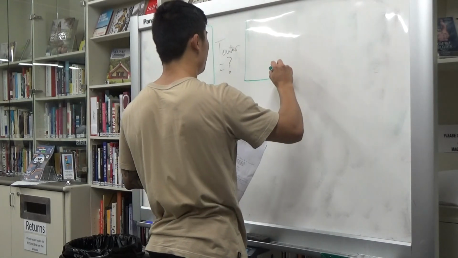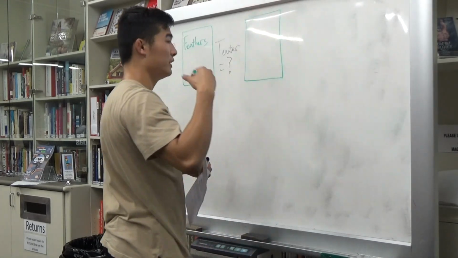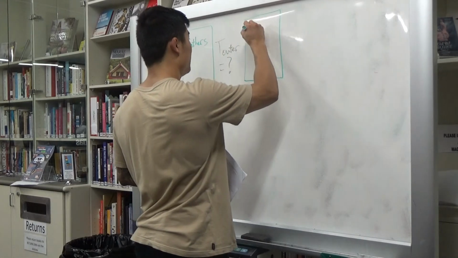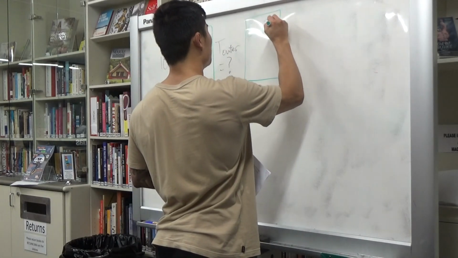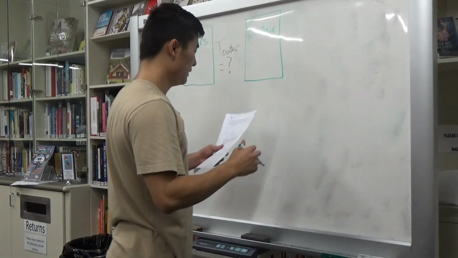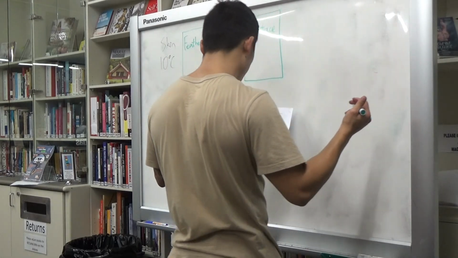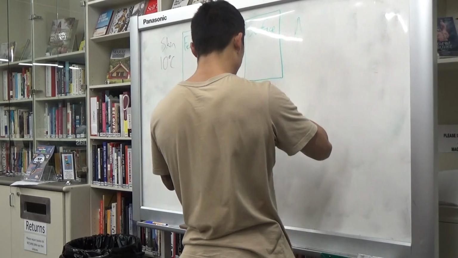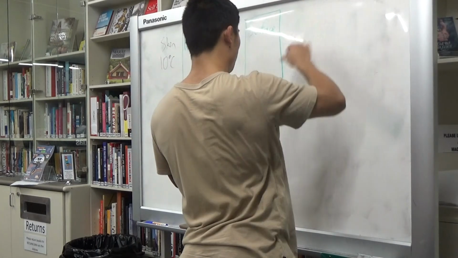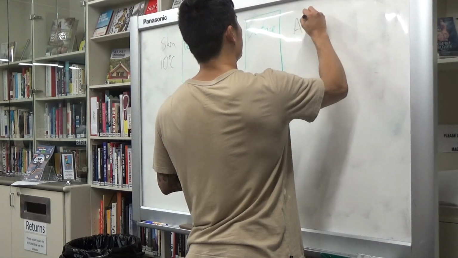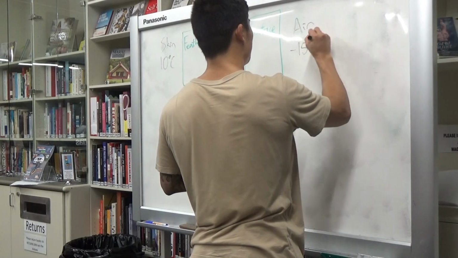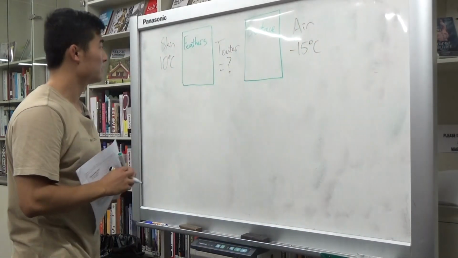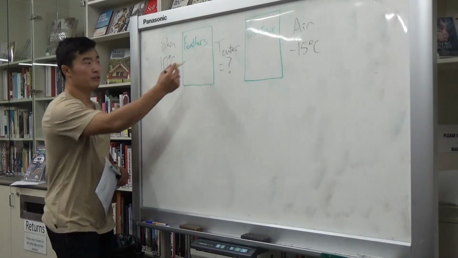And then you can treat the heat transfer coefficient of the surface as another layer. And you know that the air temperature is negative 15 degrees Celsius. Okay, so this is what we're trying to find.